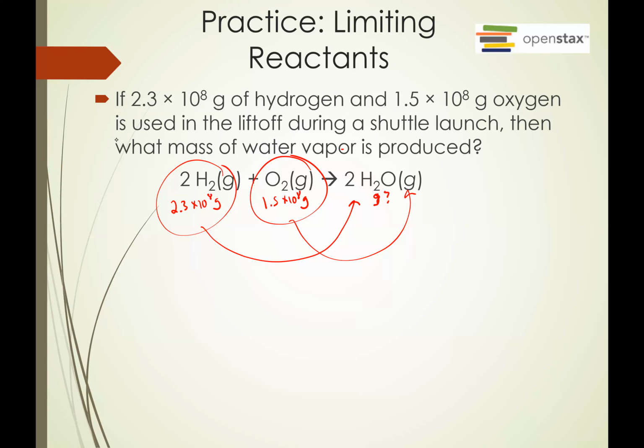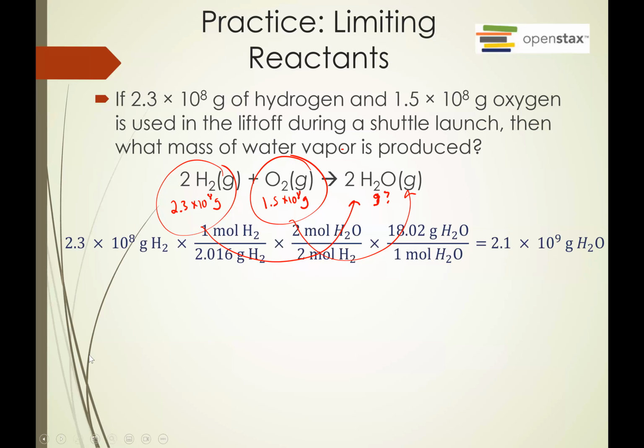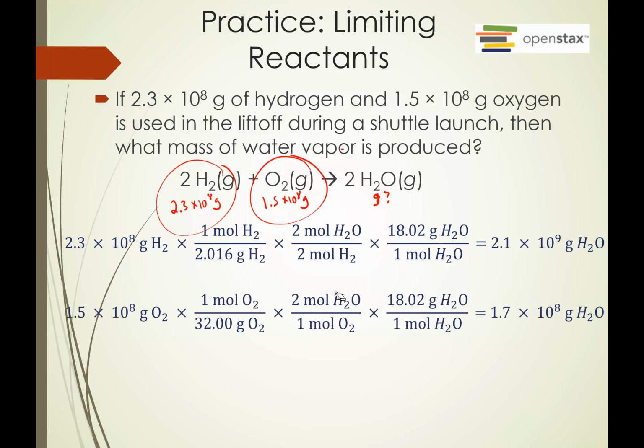Okay, let's see what we got. Did you get 2.1 times 10 to the 9th grams of water? And our next one is 1.7 times 10 to the 8th grams of water. Grams of water I meant for both of those.